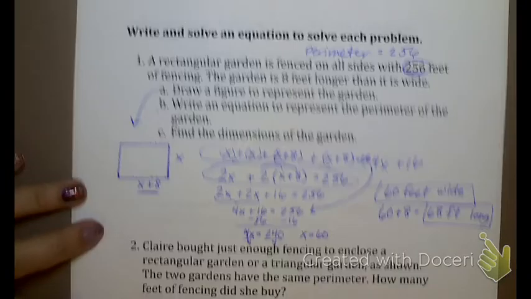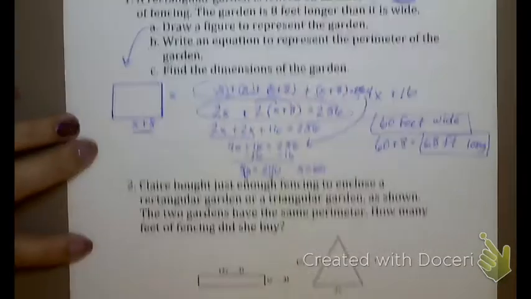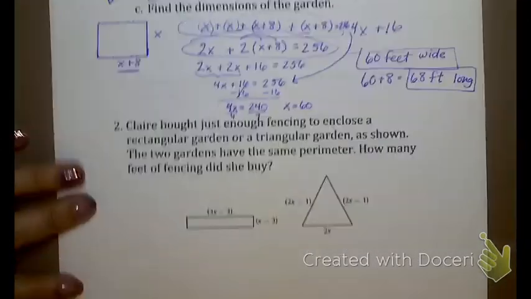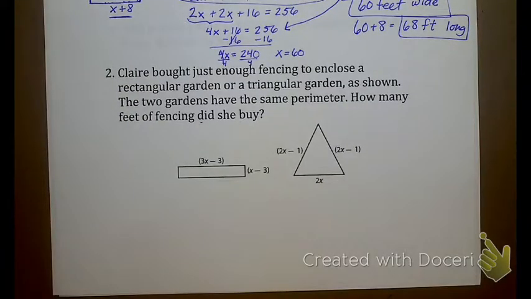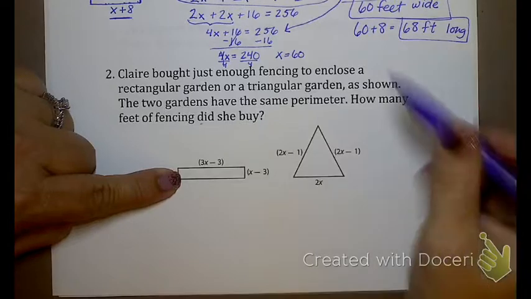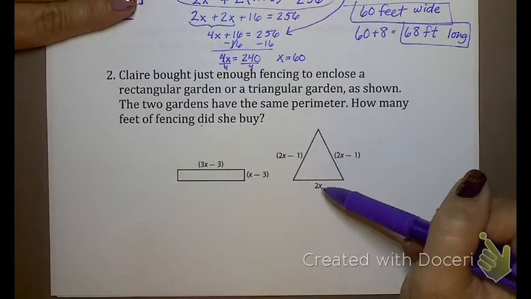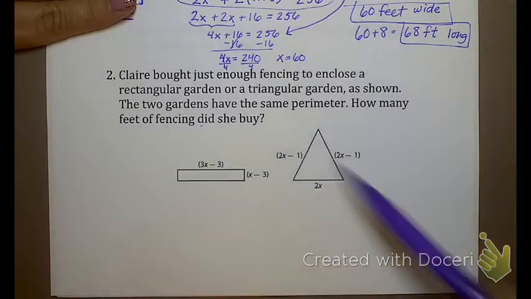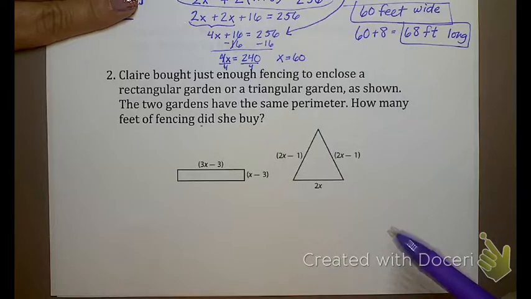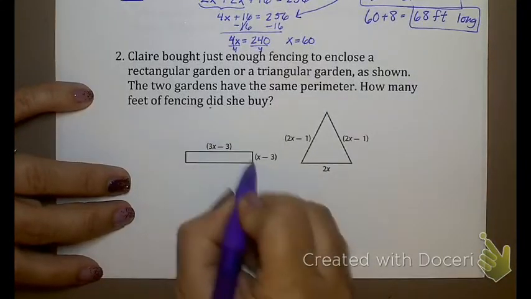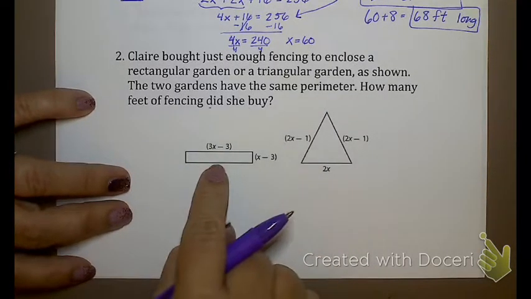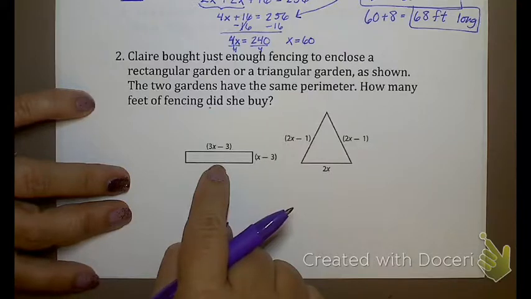Okay, let's look at number 2. All right, so Claire bought just enough fencing to enclose a rectangular garden or a triangular garden. The two gardens have the same perimeter. How many feet of fencing did she buy? Well, what would I use to represent the perimeter of the rectangle?